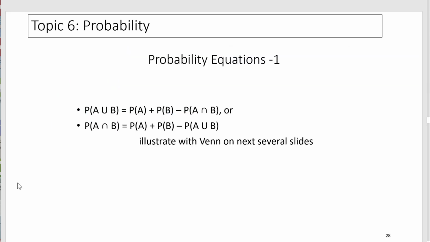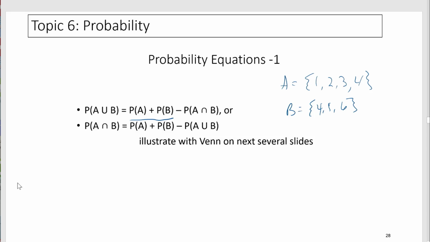So what happens when we do have two events that are not mutually exclusive? What do we do? It can't be just the probability of A plus the probability of B. That would be wrong. Why? Let's look at this. Let's say that A is 1, 2, 3, and 4, and B is 4, 5, and 6. And I say I want to union these two.